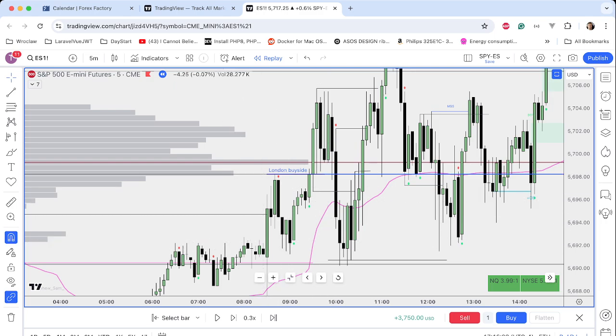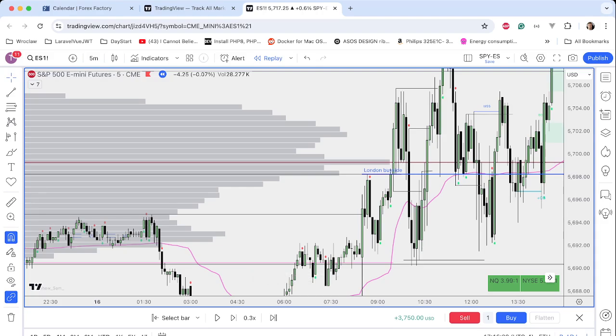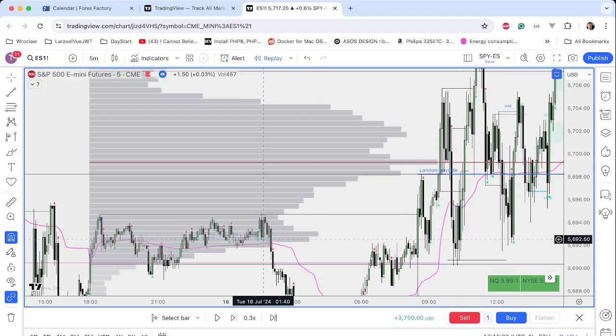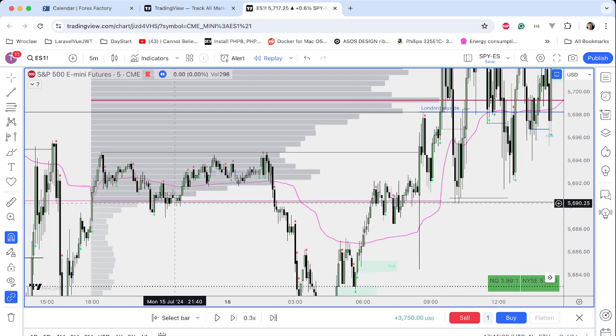And if you look at the volume profile, this is where they went to grab that liquidity here. Yeah, they didn't have to go long because they already did this here.